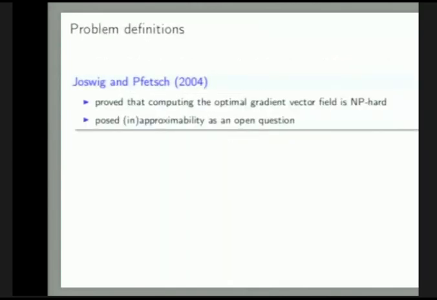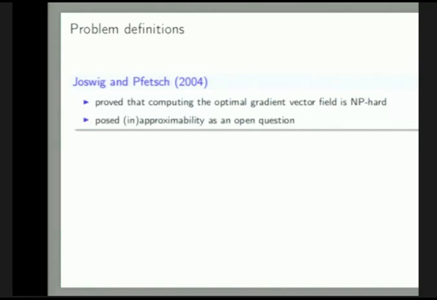So I will now define the problems that we're looking at. But just before that, I'll talk about one main prior work, which is by Joswig and Pfetsch. They proved in 2004 that if you're given a simplicial complex, as you can see, the construct of a gradient vector field is entirely combinatorial, and so is the definition of a simplicial complex.